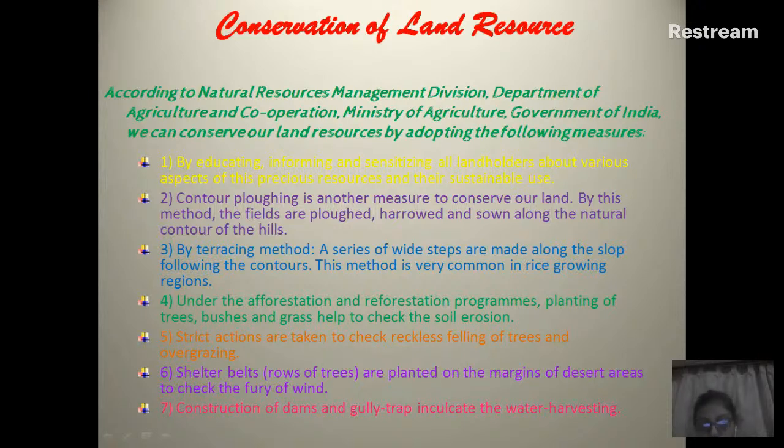Number seven, construction of dams and gully traps inculcates water harvesting. Don't worry, I will explain all these seven points to you one by one in the next slides.